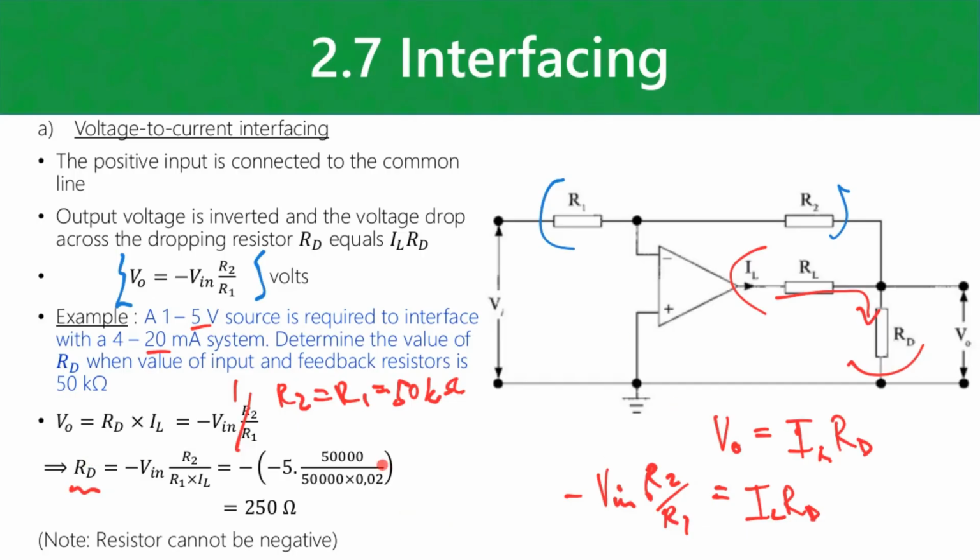In fact, I also believe that this should be negative if you think about it carefully, because the output voltage here is going to be negative across that resistor, because of the inverting amplifier. But anyways, you can always just make that value positive because the resistor can't be negative.